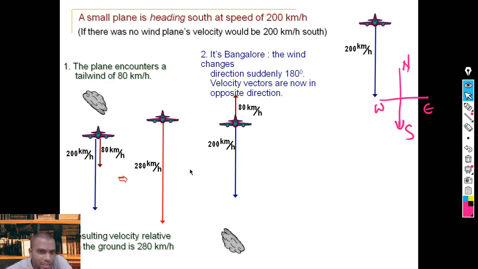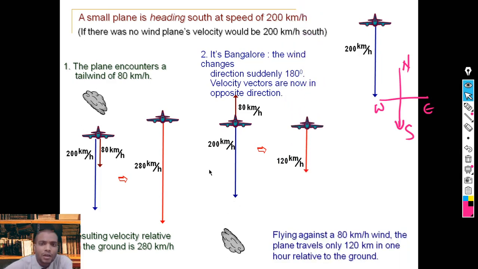Now in this case, what is the resultant velocity of the plane? In this case the resultant velocity of the plane decreases, to 120 km per hour. How did the plane velocity decrease? Because the wind velocity is acting in the opposite direction to the plane velocity, so we need to subtract it to get the resultant velocity.